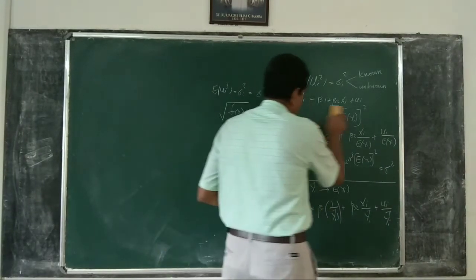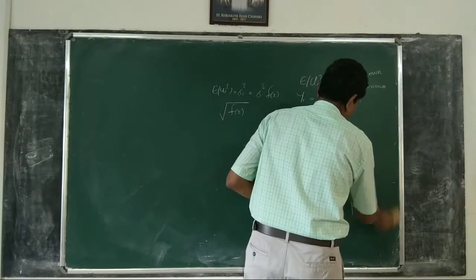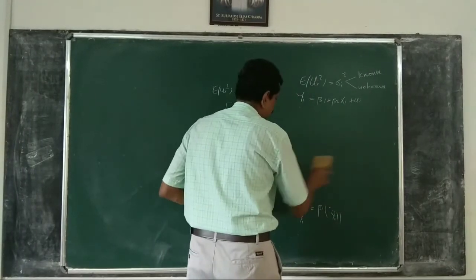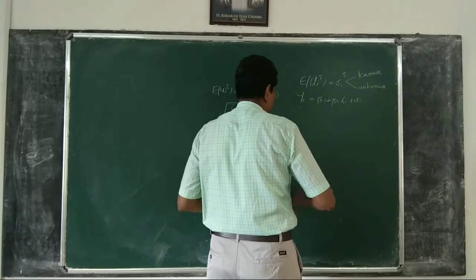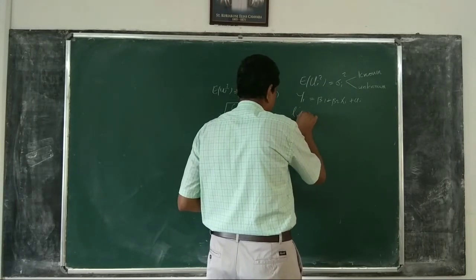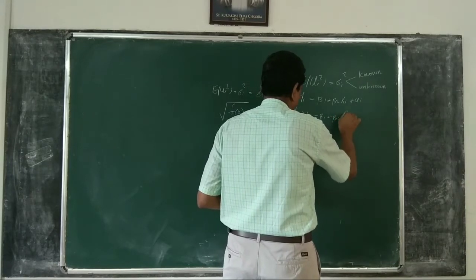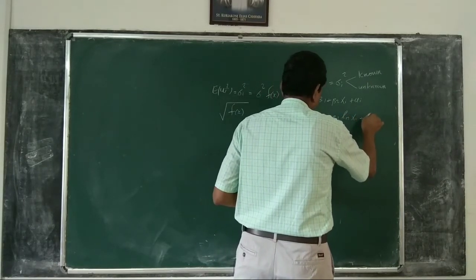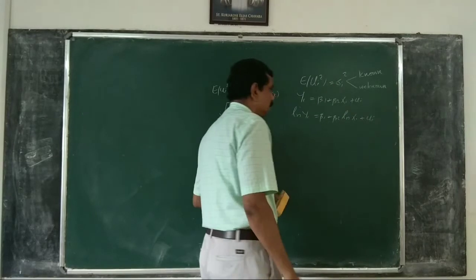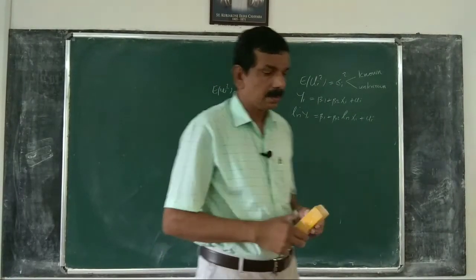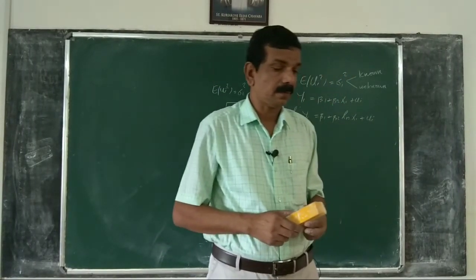Suppose that this is our original model, and suppose also that we give a log transformation: ln y equals beta 1 plus beta 2 ln xi plus ui. Suppose the model is specified in log form.